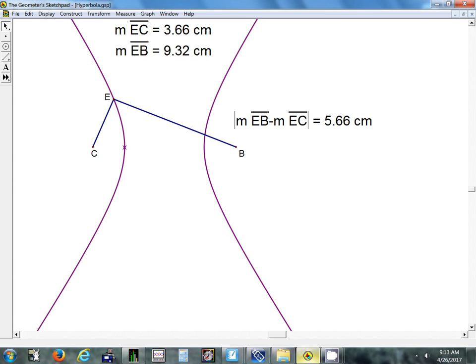Point E is a point that I can move on each branch of the hyperbola. Okay, I'm going to write that in a second, but these are called branches. Left branch, right branch. So if I measure the distance from point E to B, and then I measure the distance from point E to C and subtract it, I'm always going to get 5.66.